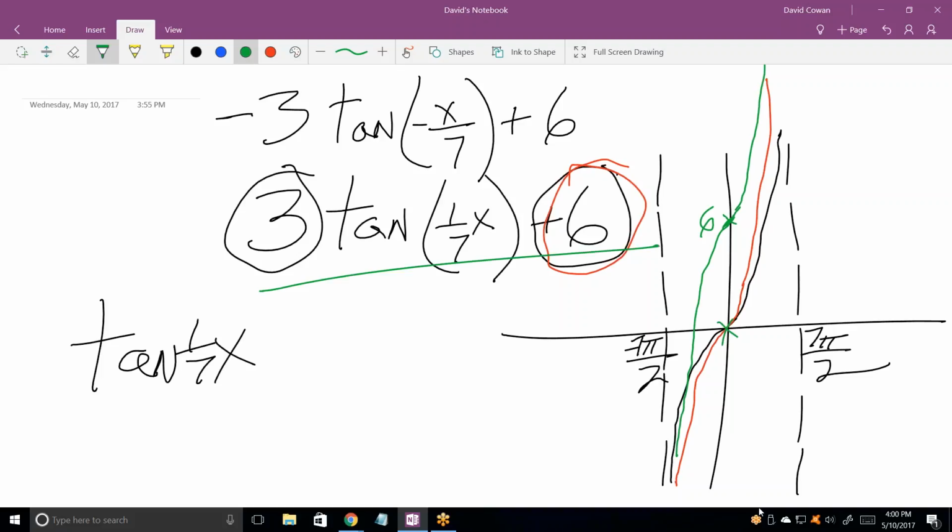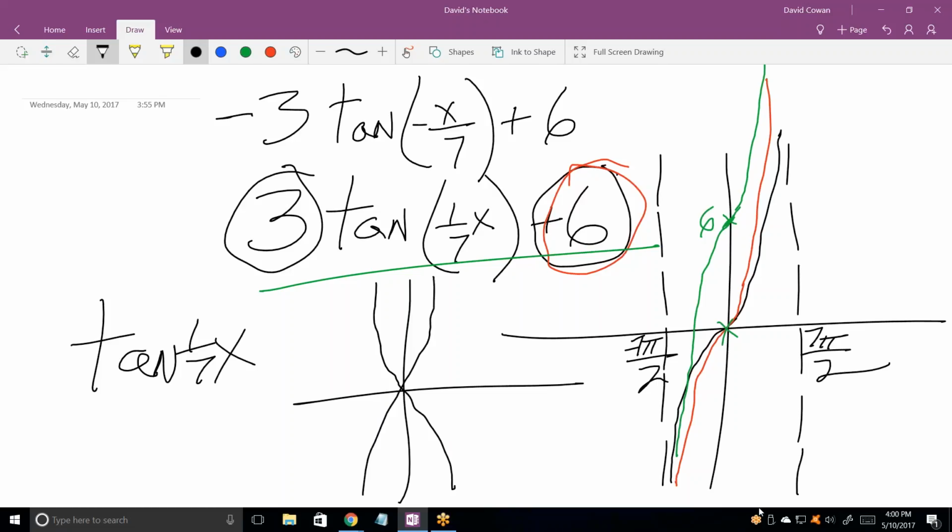Now, my question was, if I flip the tan, hold on a second here. If I flip the tan over the x-axis, it looks like this. Then if I flip it over the y-axis, it looks like that.